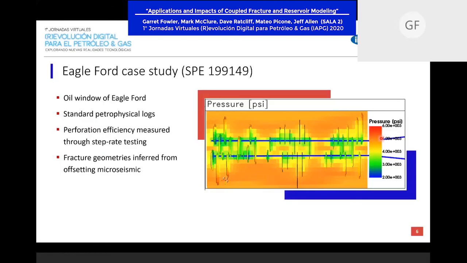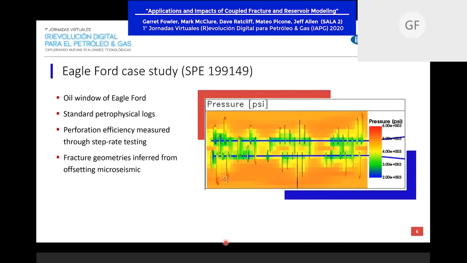So as an example of incorporating 2 different levels of diagnostic data, I'm first going to pull from an SPE paper that we wrote with Recoil Resources last year, or I think actually early this year at LACPEC. And this is an example of an indirect diagnostic data set.